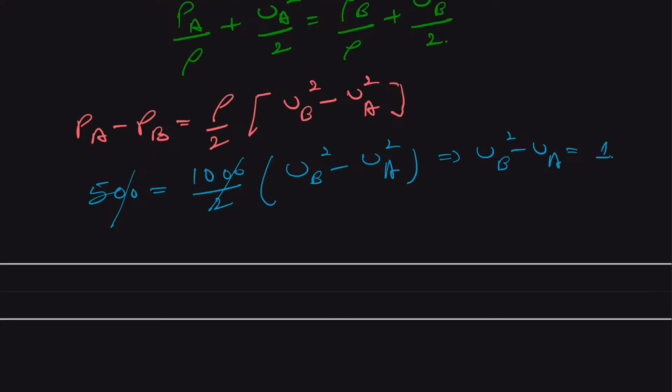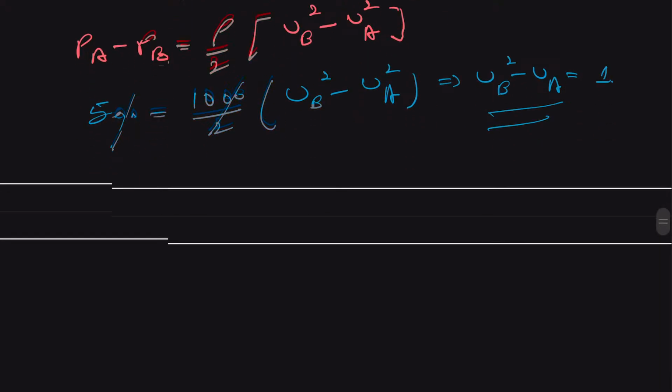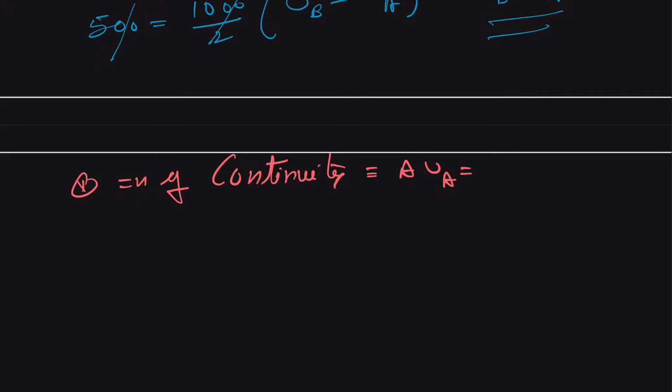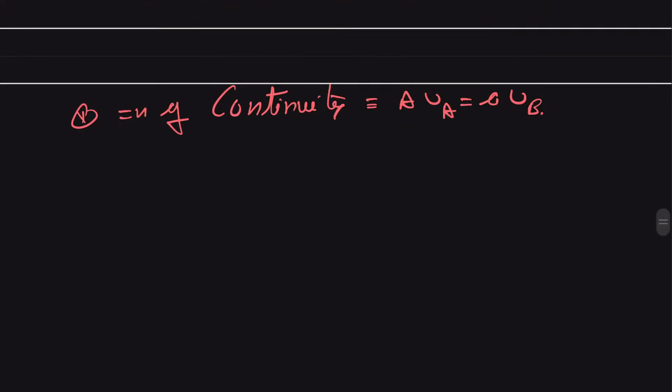Now we can use the equation of continuity, which gives us capital A times VA equals small a times VB, and we already know their respective values. So this gives us root 3 VA is equal to root 3 by 2 times VB.